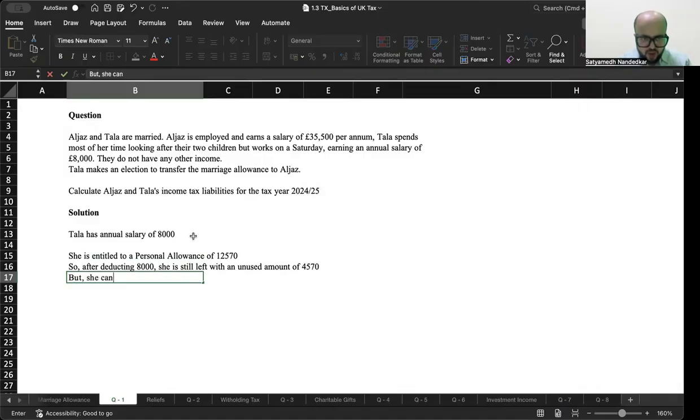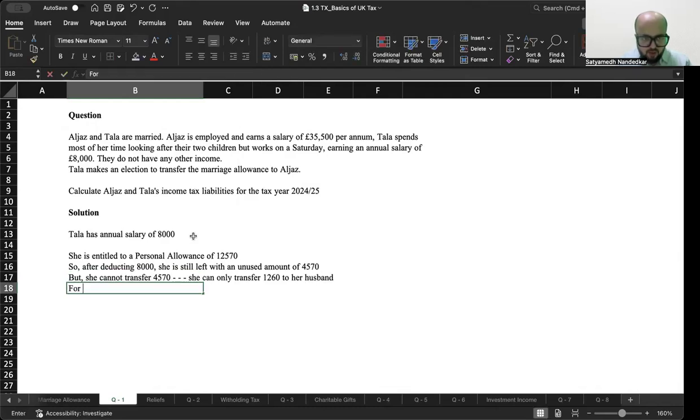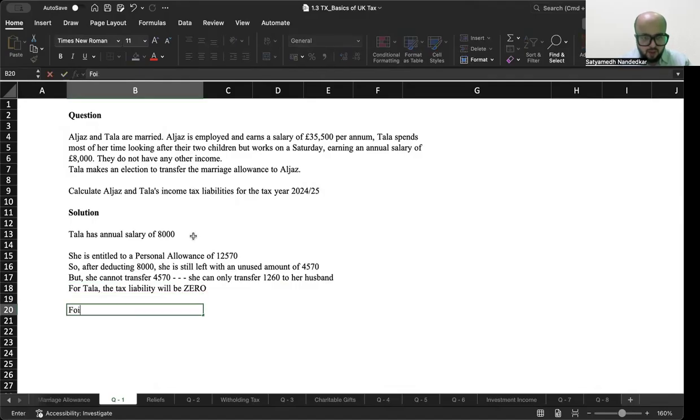But she cannot transfer 4,570. She can only transfer 1260 to her husband. Okay. For Tala, the tax liability will be 0. Now think about Aljaz. Okay.